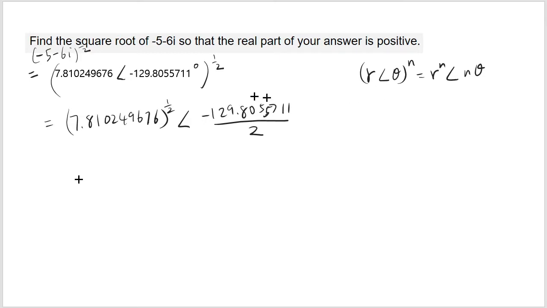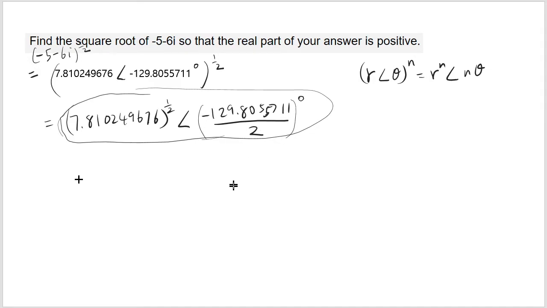So this formula, when applied to a fraction, will only give you one of the possible answers, but since this answer indeed gives us the answer with the positive real part, overall this will be in the fourth quadrant, which has the positive real part. This is indeed the one that I want, okay? And by the way, since this is degrees, you should definitely put a small circle there to represent degrees, okay?